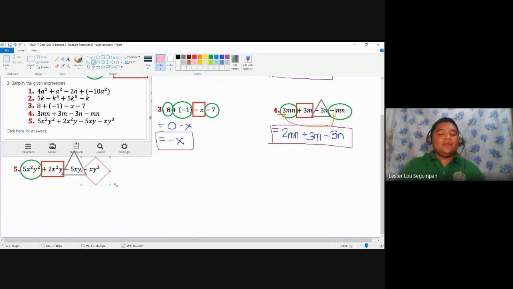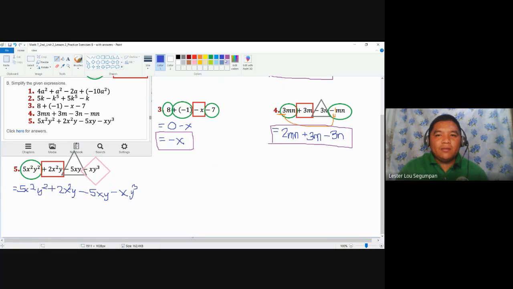Please observe what happened to number 5. Since none of those terms are like to each other, we cannot combine any of them. So the final answer is the given itself. 5x squared y squared plus 2xy minus 5, x squared y rather, minus 5xy and minus xy cubed.